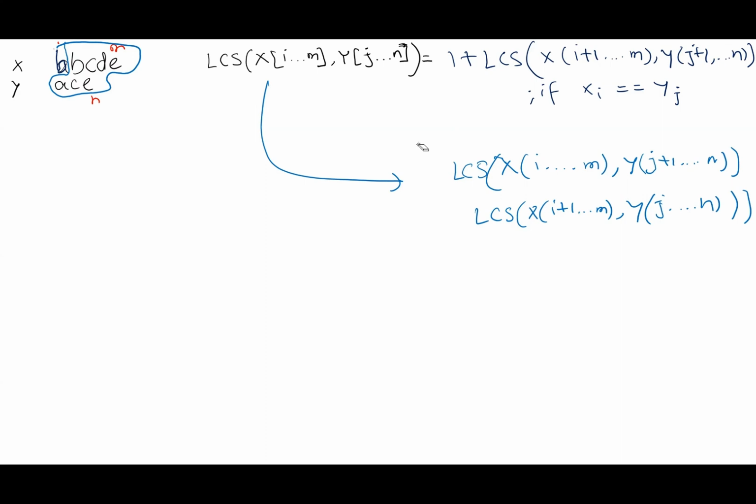So out of these two, I want the max. And this is if xi not equals yj. So do you see that we have now defined the problem using subproblems of the same type, right? So we have defined it recursively.